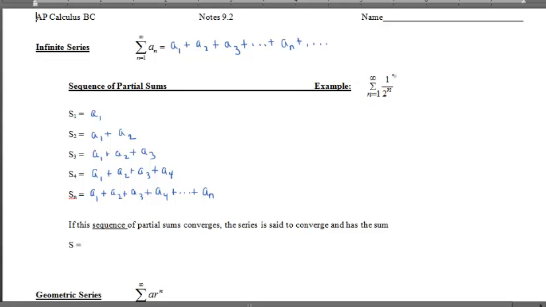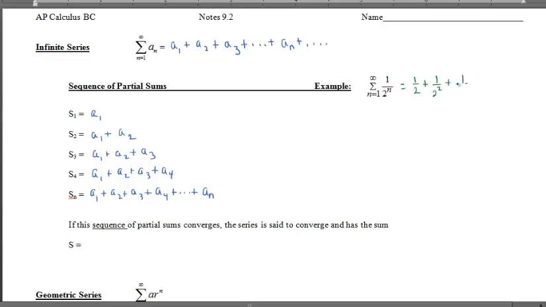Let's look at a specific example and the sequence of partial sums with regard to that. For this specific example, I'm going to expand and create a few of the terms. If n is 1, then I'm going to have 1/2. And summation notation means to add. If n is 2, I'm going to have 1 over 2 squared or 1/4.